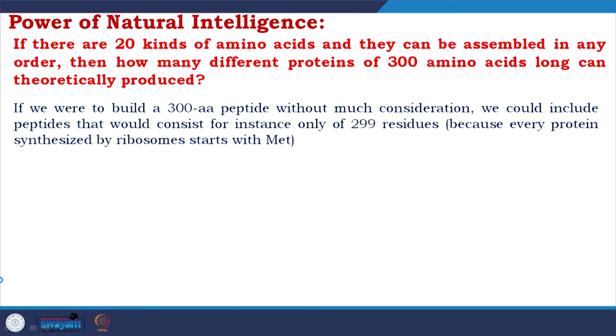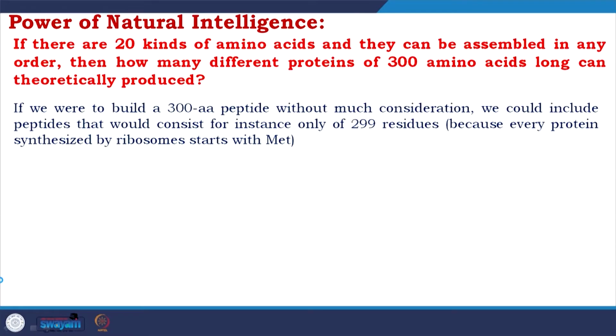So, to answer it, if we were to build a 300 amino acid peptide, what we have to do? The first position would always be methionine. So, in that position it is fixed that it would be methionine. Other 299 position there would be anything.